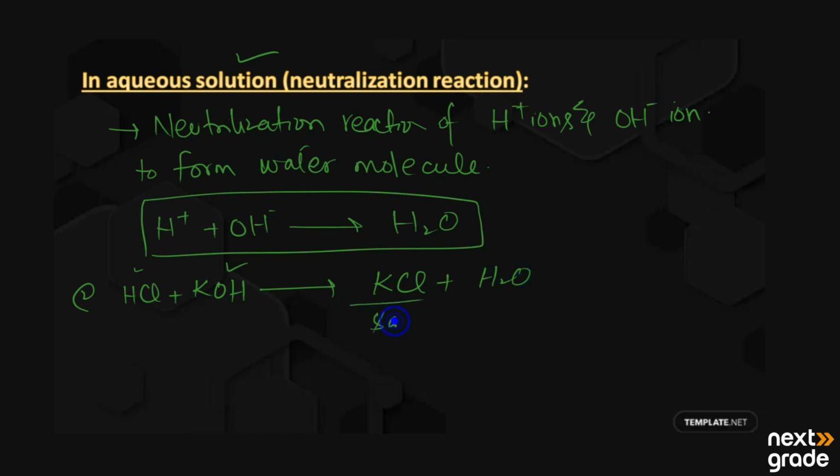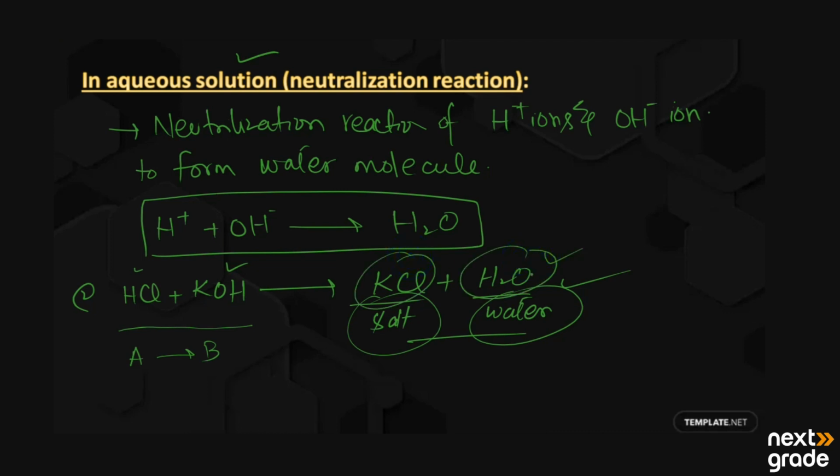So this is aqueous solution neutralization, or simply neutralization, when an acid reacts with a base. The main products we gain are salt and water. And why is it called a neutralization reaction? The reason is that it produces neutral products like salt and water.